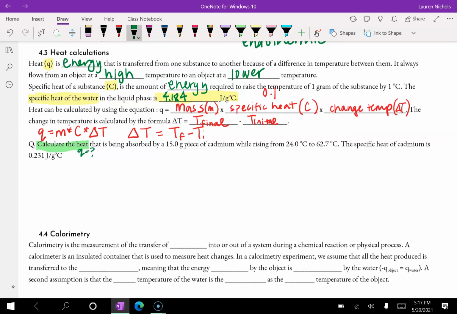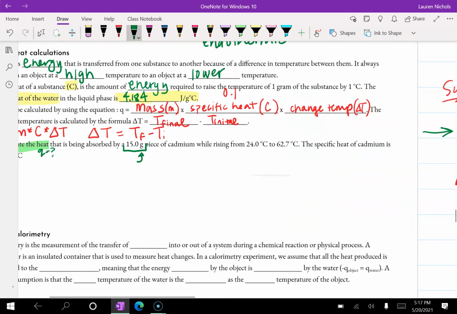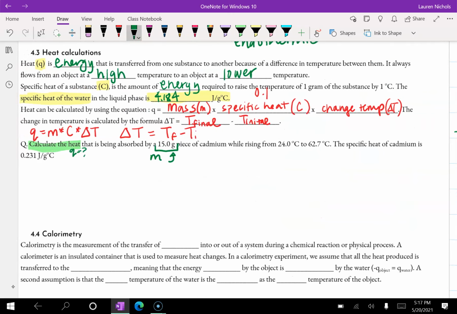It says calculate the heat that is being absorbed by a 15-gram piece. Okay, we got a number, and there's a G. G is for grams, and if we check, that means it's represented by the symbol M. So that's our mass. And it's a piece of cadmium rising from 24 degrees Celsius. Okay, well, that's a temperature, to 62.7 degrees Celsius. Again, a temperature.